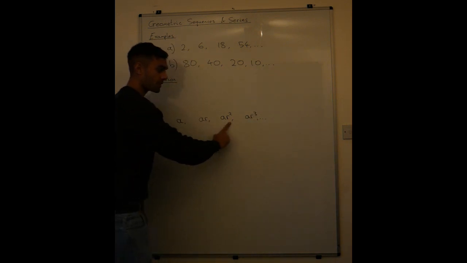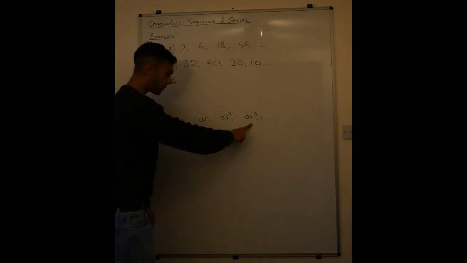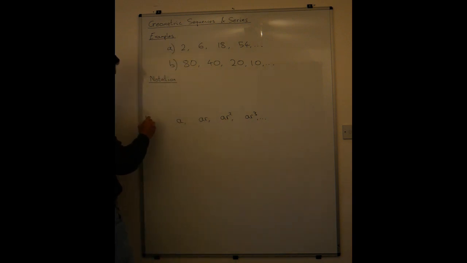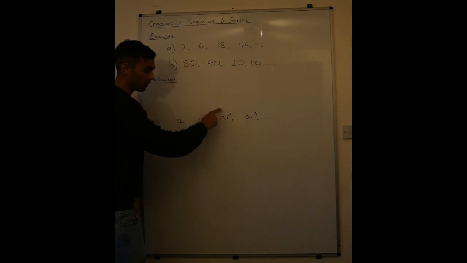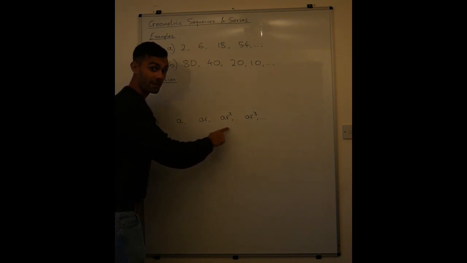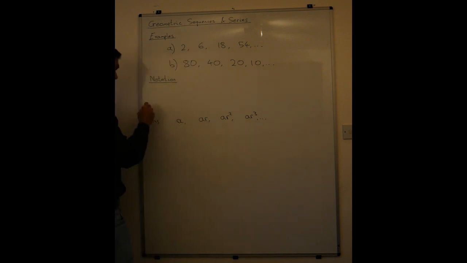The numbers in my sequence are called the terms. And if I'm talking about where a particular term is in the sequence, I'm talking about the position of the term.